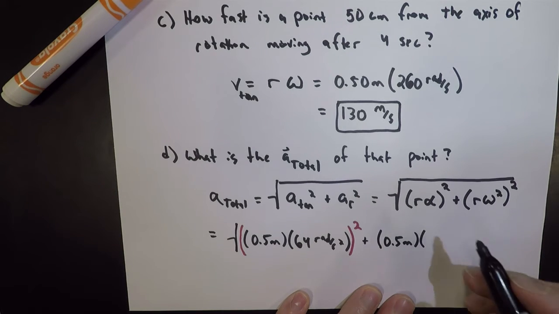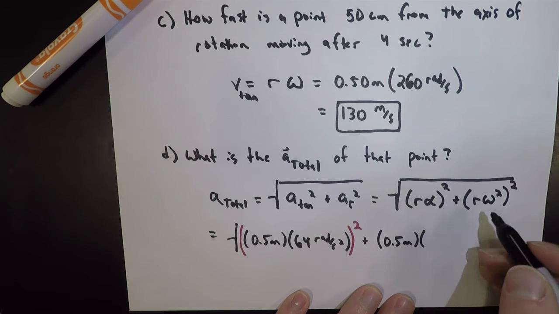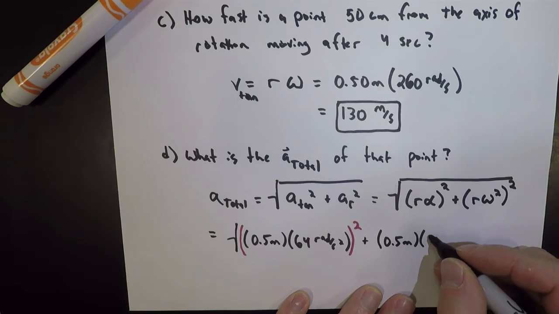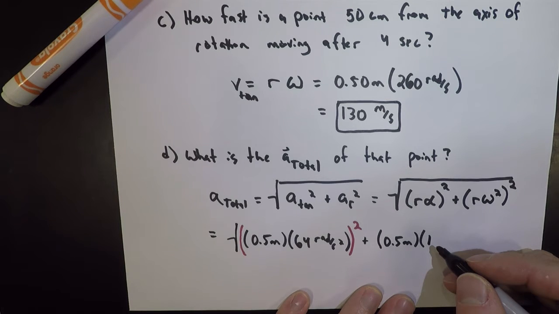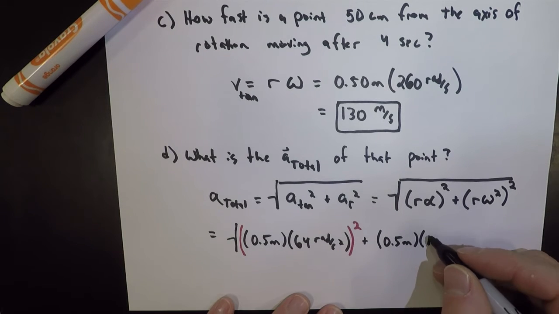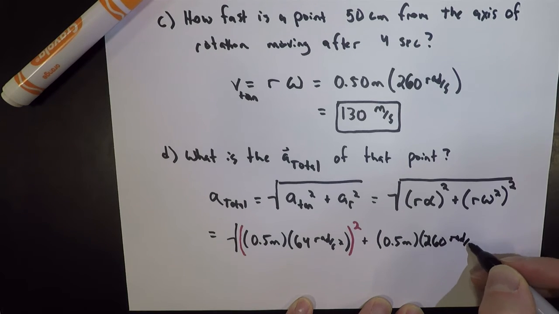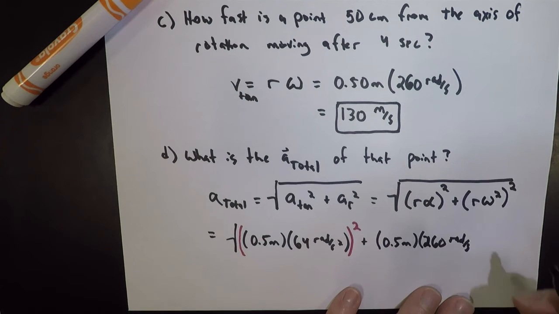times omega. Now at this particular point, this thing has reached a speed of 130, no, it's 260 radians per second. That's right. So 260 radians per second after 4 seconds.